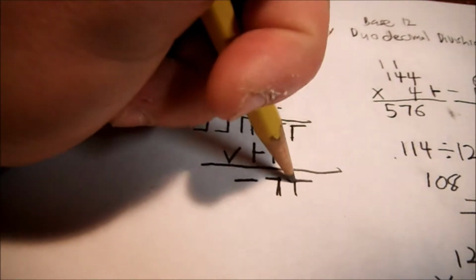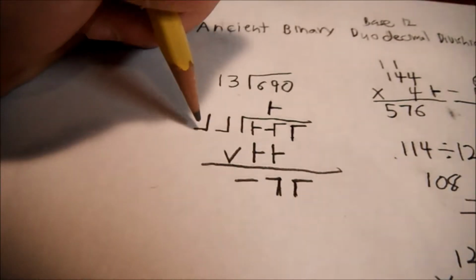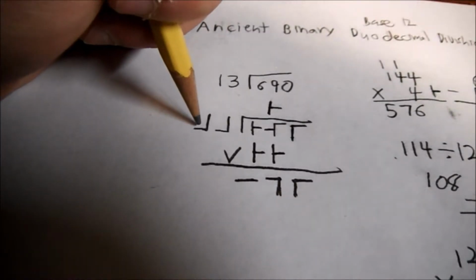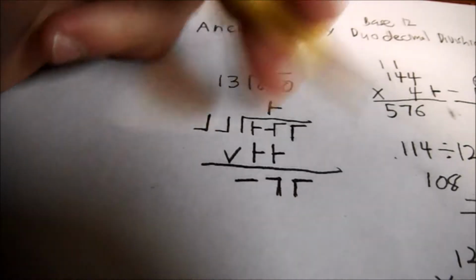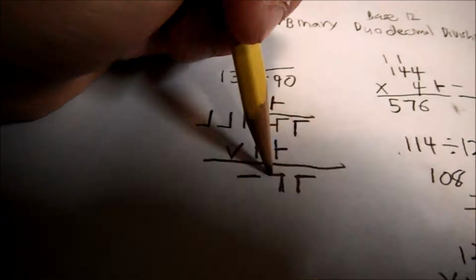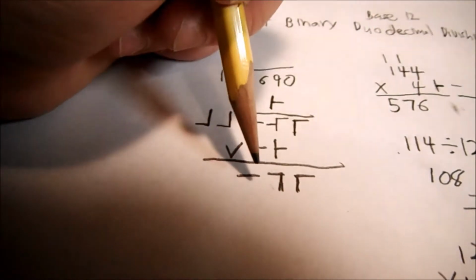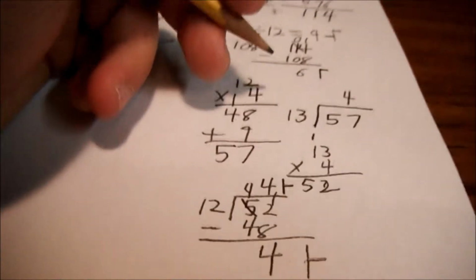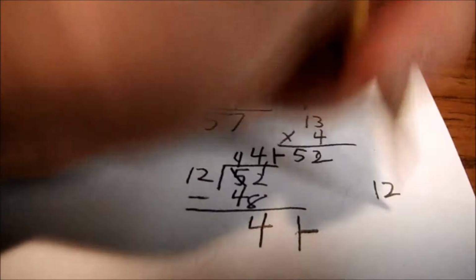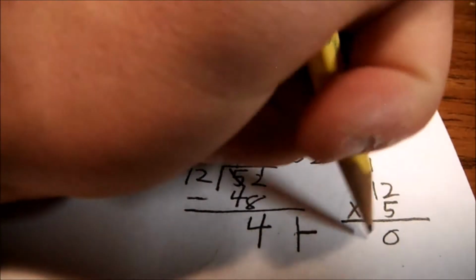We now have the 56. So now our next step is to figure out how many 13s go into 12 times 5 plus 6. 12 times 5.